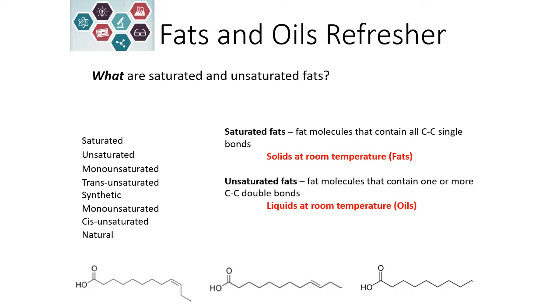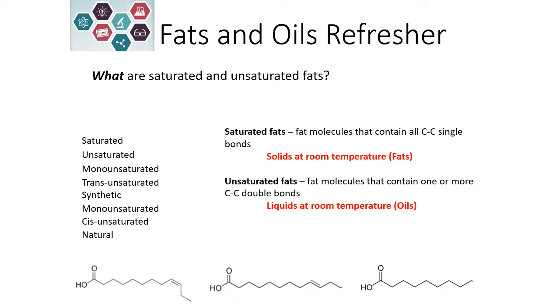So we can classify them as saturated, and we think of saturated as in it cannot contain any more hydrogen. So it contains all carbon-carbon single bonds. There's no way that we can add additional hydrogen into the molecule. So these tend to be solids at room temperature. So we typically refer to these as fats.